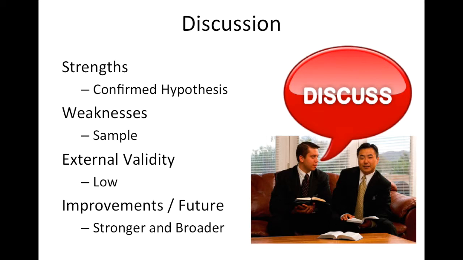In terms of external validity, we had low validity, as Evan mentioned, because we cannot generalize the results of our test to other populations, specifically nationwide, and we can't even apply them specifically to BYU because our sample was not representative of BYU as a whole.